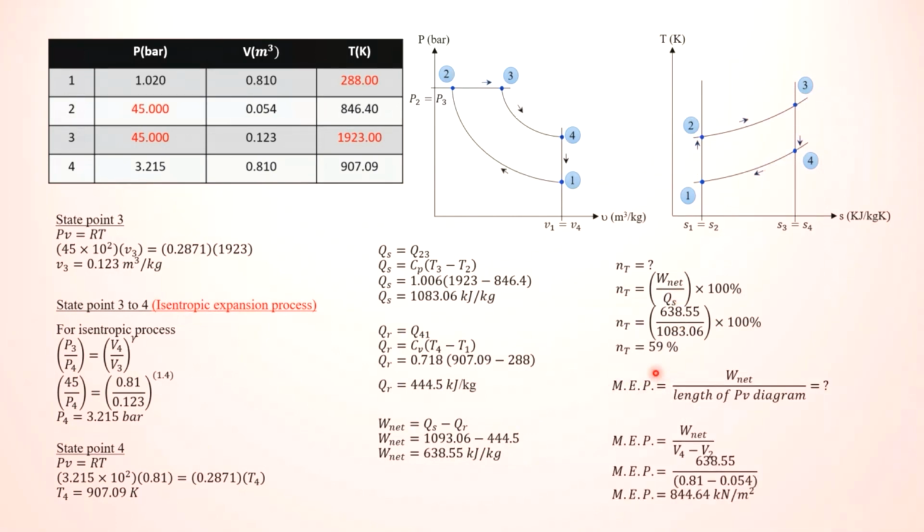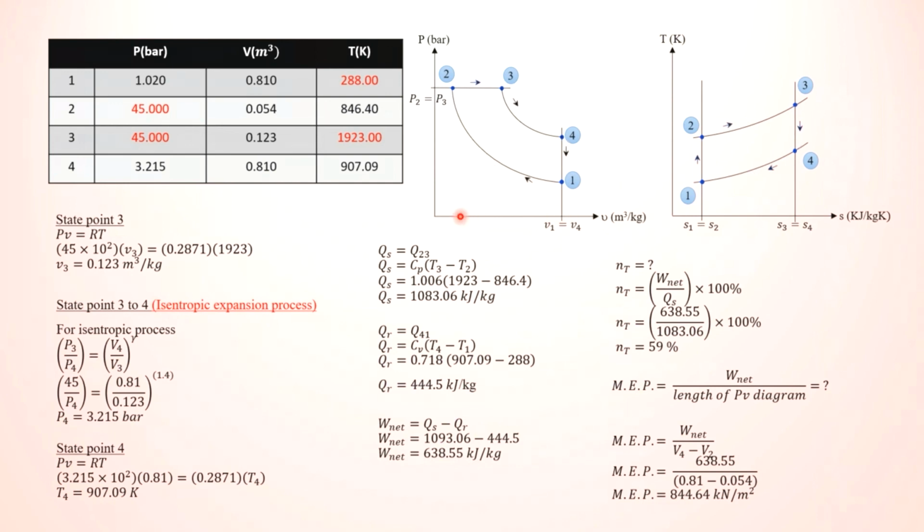Then the next thing is your mean effective pressure, defined as net work out over the length of the PV diagram. We have found the net work out. For the length of the PV diagram, let's take a look at the PV diagram now. The length refers to the outermost two points. You can refer to point 1 or 4 for this point, and the innermost one is your point 2.